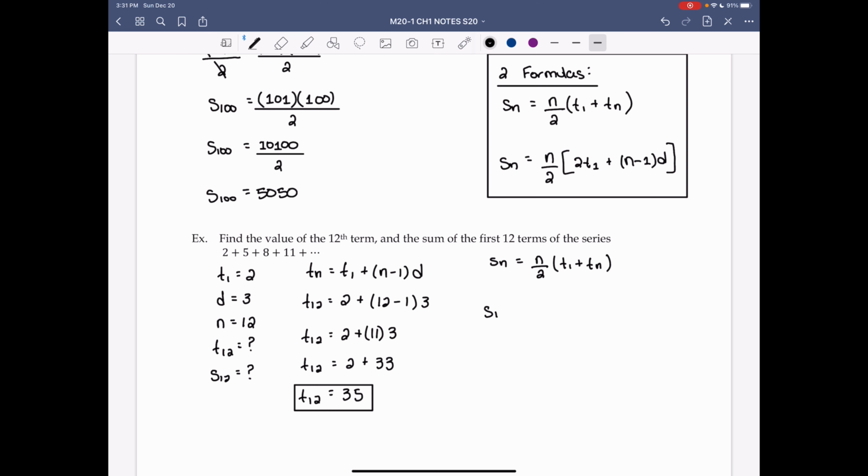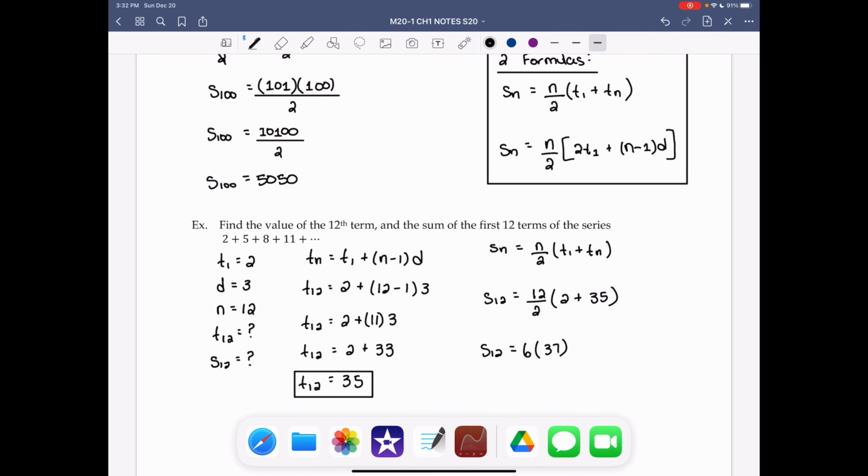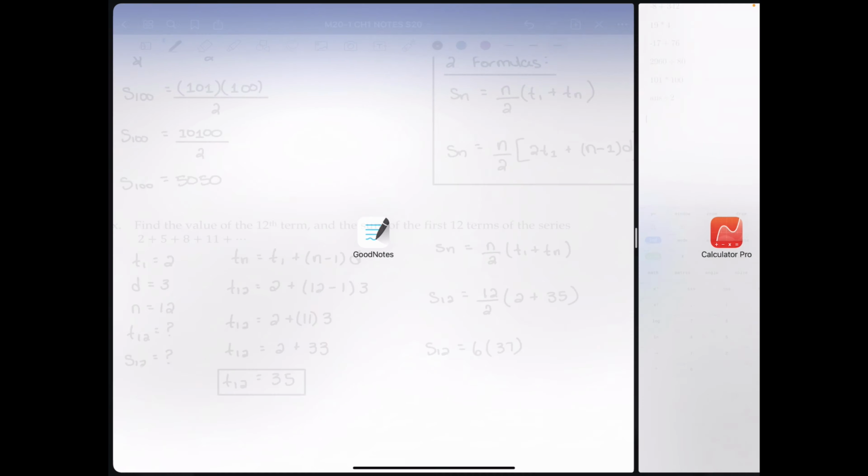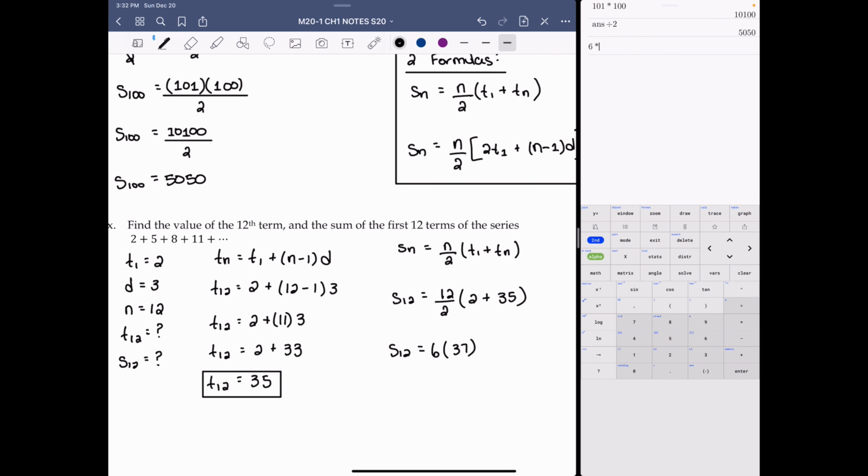We're finding the sum of the first 12 terms, so S12 equals 12 divided by 2 times T1 is 2 plus Tn is T12, which is 35. S12 equals 12 divided by 2 is 6 times 2 plus 35 is 37. Six times 37 gives me 222, so the sum of the first 12 terms is 222.